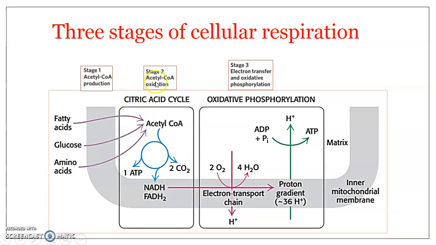Later we will see acetyl coenzyme A oxidation that takes place in the citric acid cycle proper, and then how the high energy electrons produced in the form of NADH and FADH2 enter the electron transfer and oxidative phosphorylation that results in the synthesis of ATP. All this takes place inside the mitochondria.